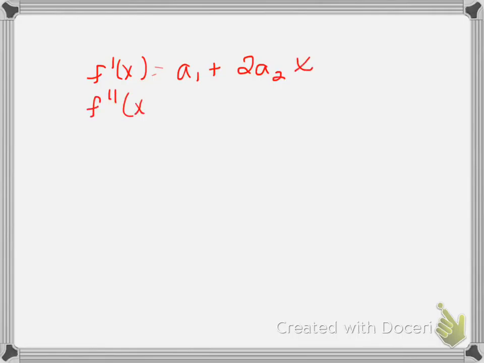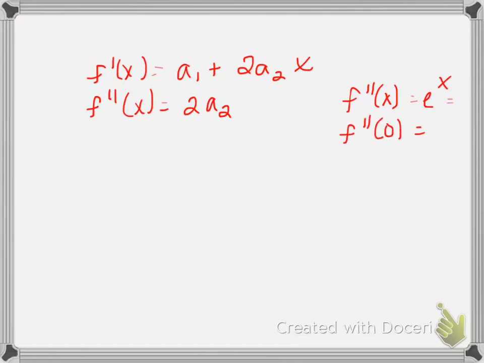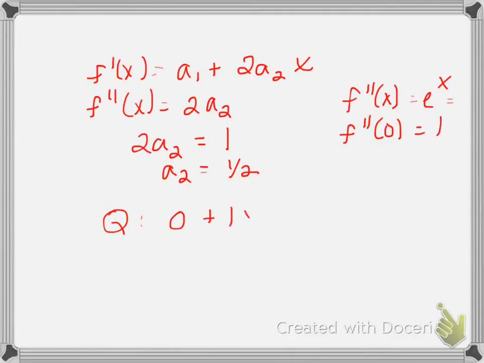The second derivative would be 2a2. And if I go back to the second derivative of e to the x, I get e to the x, and I know that at 0, this is 1. So if I want the quadratic derivative to equal the e to the x derivative, I would get a2 equals a half. So my quadratic equation would be 0 plus 1x plus 1/2 x squared.